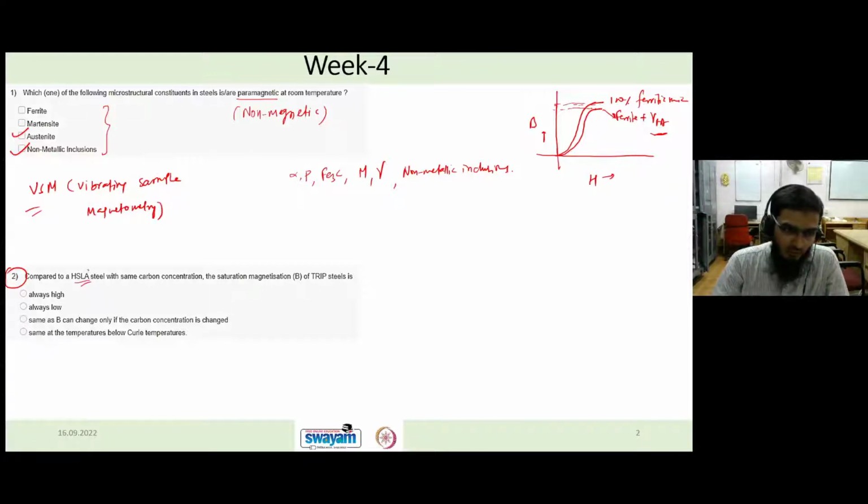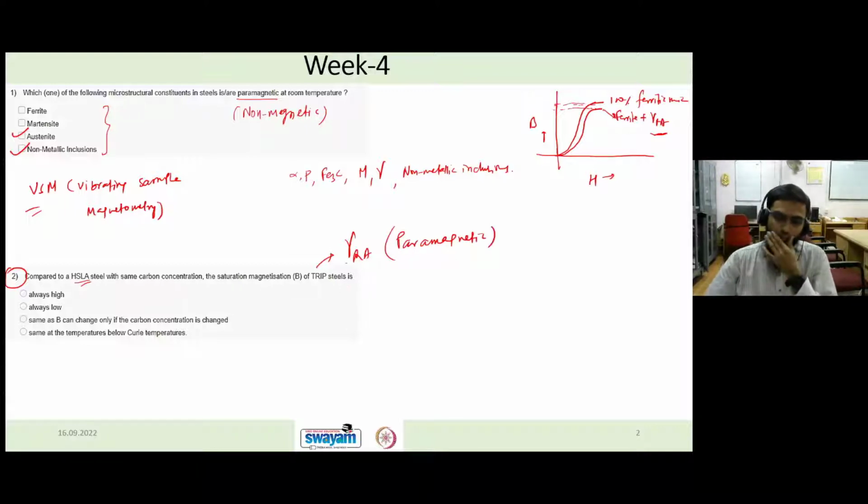So just read the options and tell your correct answer. As I told, TRIP steel compared to HSLA steel contains retained austenite, right? And this retained austenite is basically paramagnetic or non-magnetic in nature. So when your microstructure contains retained austenite, the overall saturation magnetization value will be decreased.